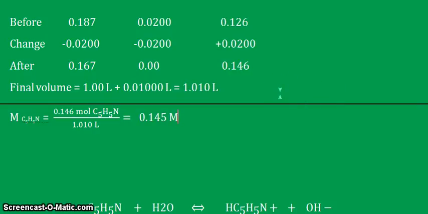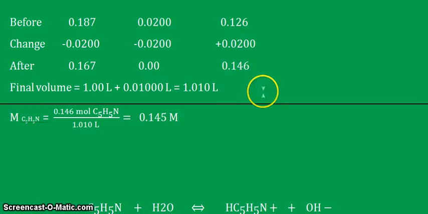From the initial 1 liter, you have added 10 milliliters of the base. So the final volume is now 1.010 liters. This is the added volume of the base, 10 milliliters, which we simply converted into liters to make the units uniform. Okay, so we have here the calculation of the molarity of the pyridine. That's 0.146 coming from here.